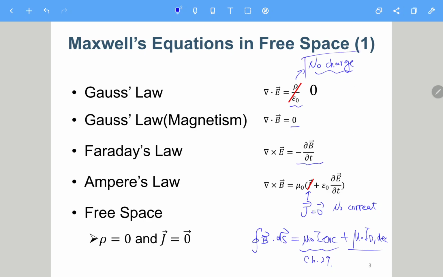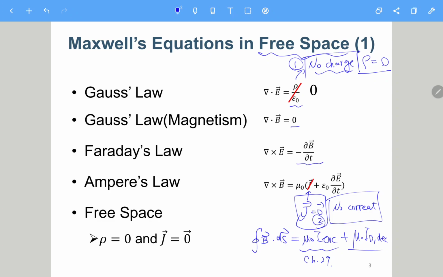These are the two conditions for free space. The first one, no charges, which is to say rho equals zero. The second condition is no current, so you can write it as J equals zero.